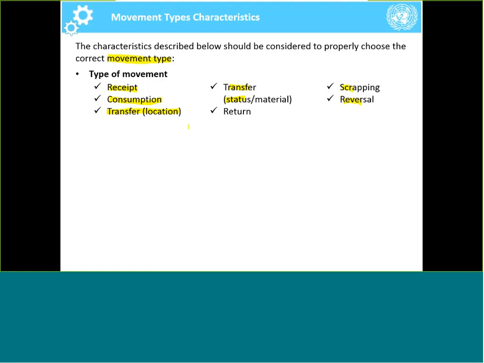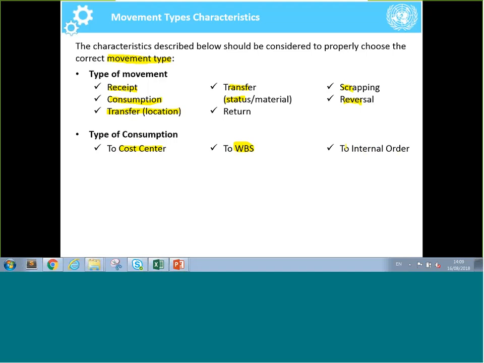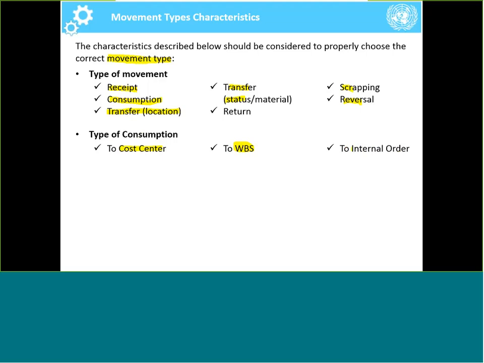What else you need to consider when selecting the proper movement type? So in case you want to issue out materials, you need to consider if the materials you are issuing out from your inventory, you want to issue them out using a cost center or in relation to a project, a WBS, or in relation to an internal order.